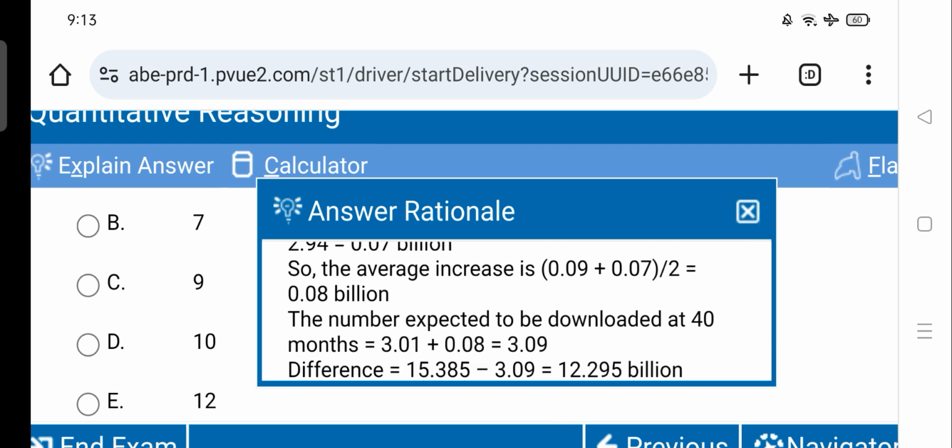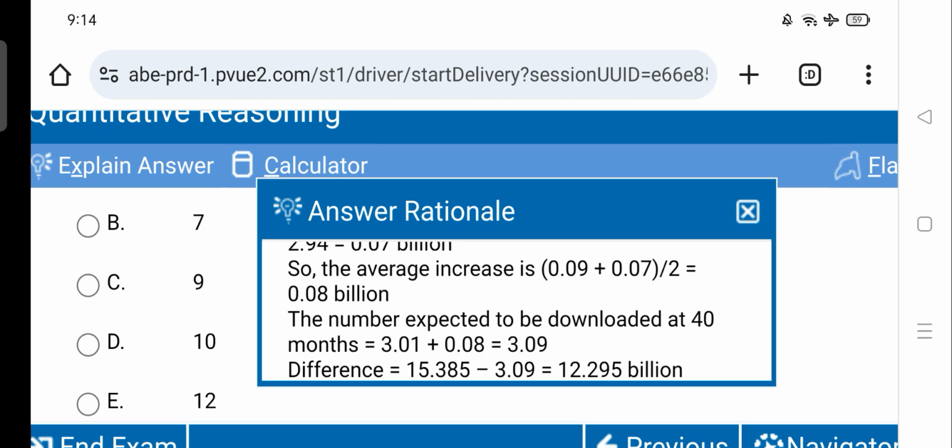The number expected to be downloaded at 40 months equals 3.01 plus 0.08, which equals 3.09. Difference is 15.385 minus 3.09 equals 12.295 billion.